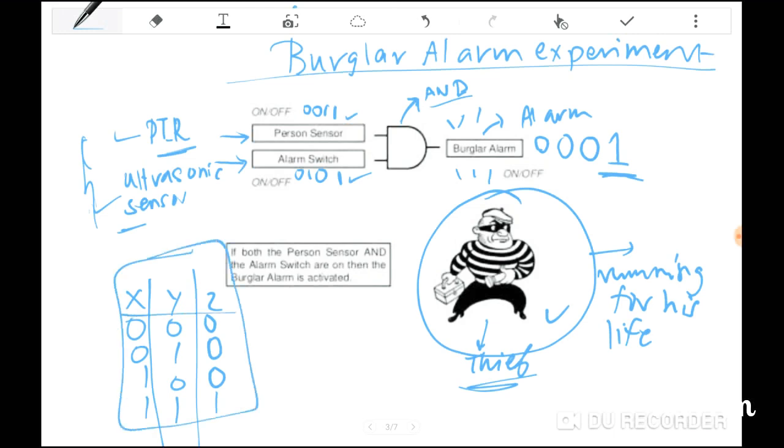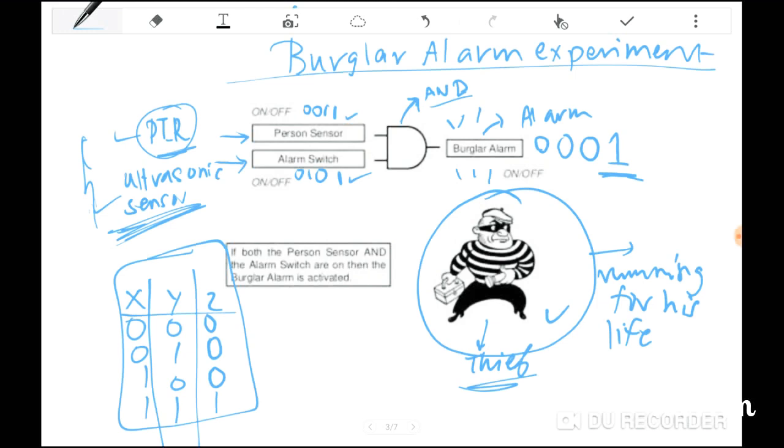So as soon as the person sensor detects the person by the infrared, or we can say the temperature changes, that is, the PIR sensor detects the human or the thief by seeing the abrupt temperature change, and the ultrasonic sensor triggers the alarm event.